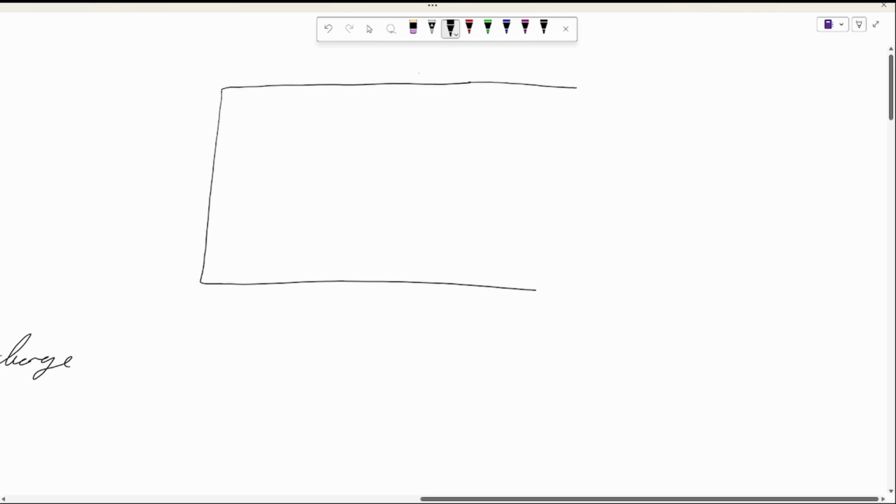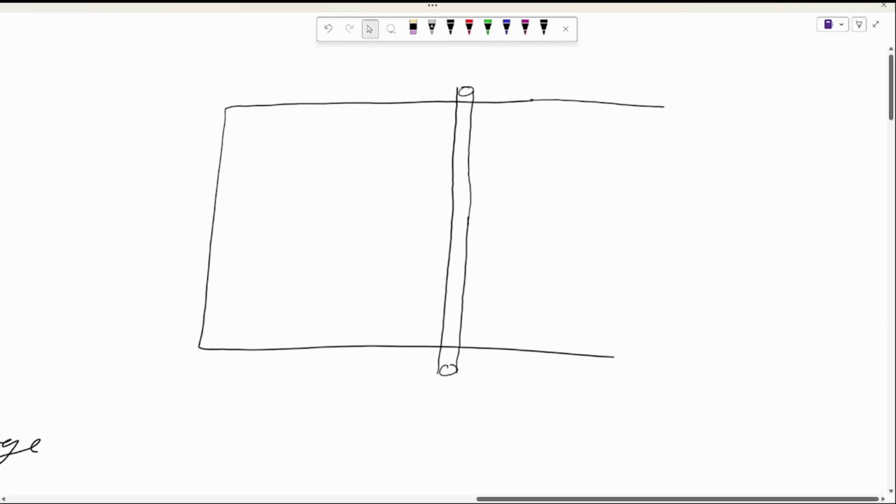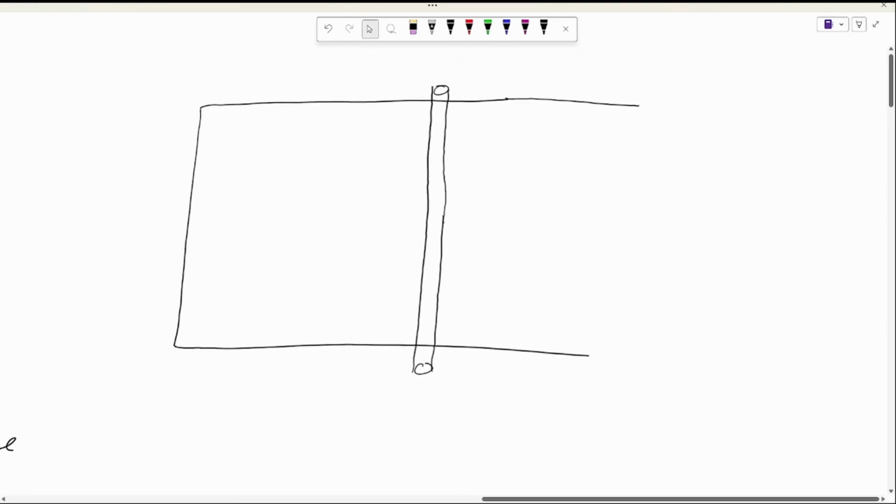So these are stationary wires, and then the fourth side is a rolling bar. This bar is badly drawn. Okay, so this is a conductive metal bar that is free to roll. So the way I've drawn this, we're looking top down at this.